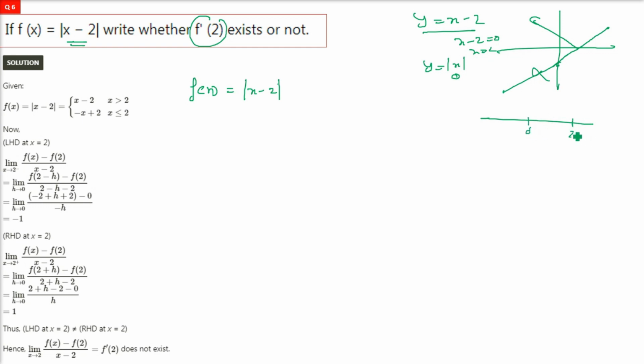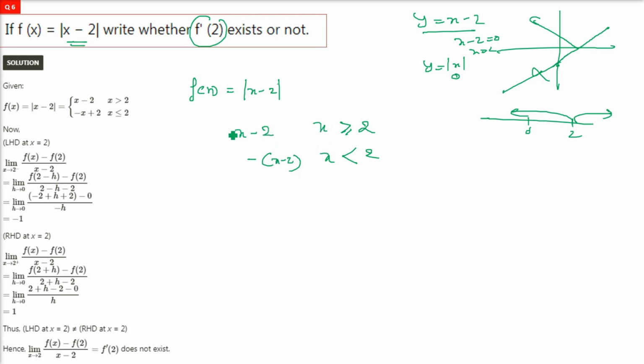When you have x minus 2, put x minus 2 equal to 0, that is x equals 2. 2 is the dividing point. All values above 2 are positive, and all values below 2 are negative. So when x is greater than or equal to 2, you get x minus 2. When x is less than 2, you get negative of x minus 2. I hope you got this idea.